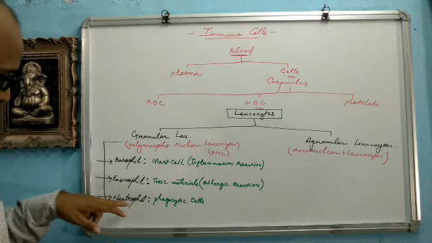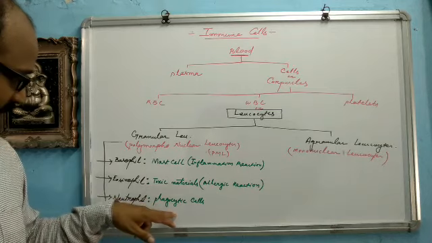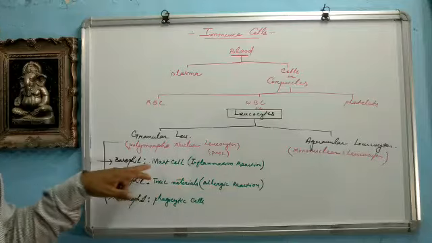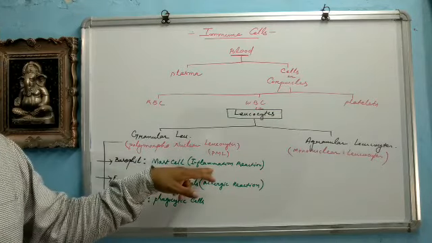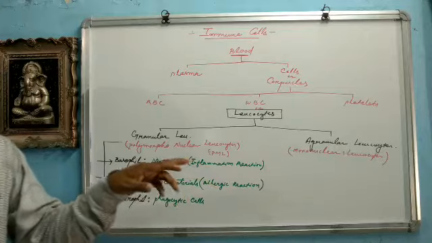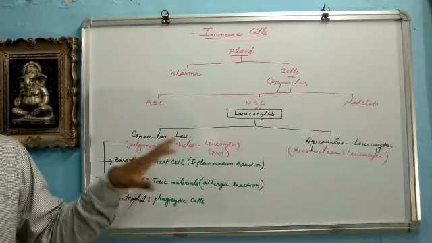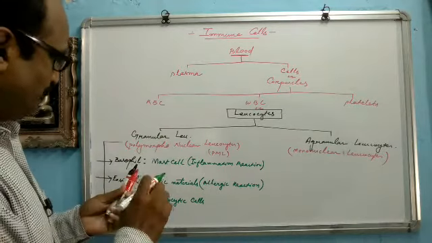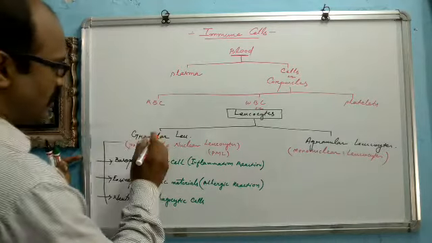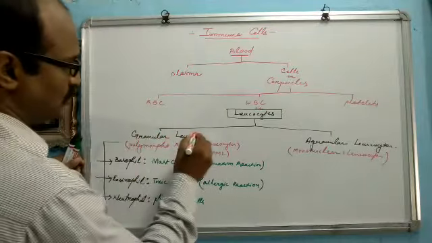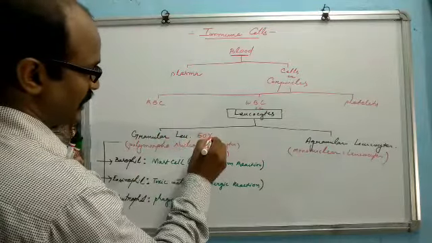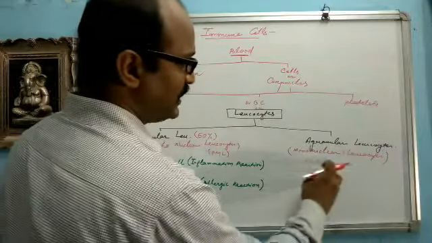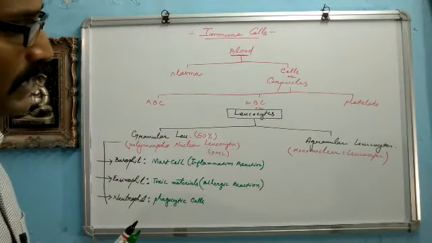So in the defense system, neutrophil is a phagocytic cell, eosinophil is responsible for allergic reaction, and basophil for inflammatory reaction. These cells are members of the granular WBC, which make up 60% of the leukocytes. The rest 40% is agranular leukocytes or mononuclear leukocytes.